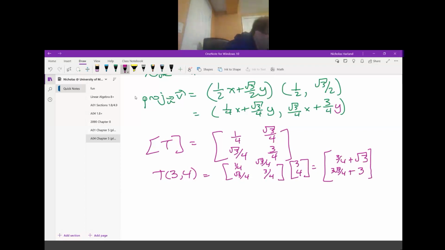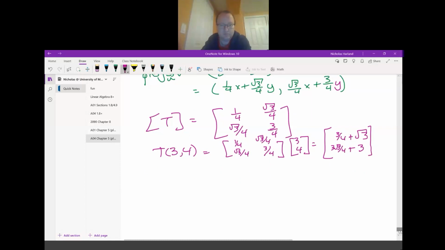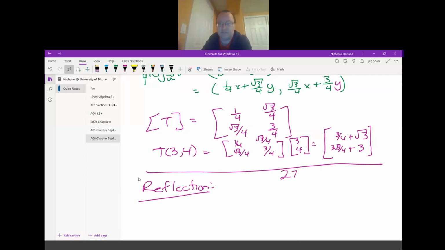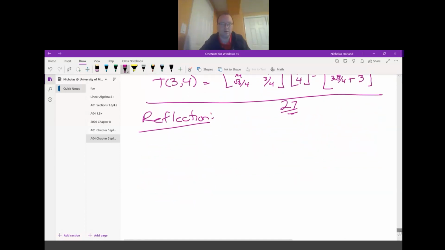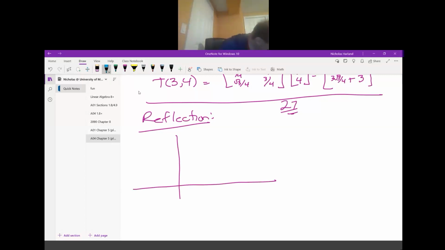So in reality, for a reflection, a lot of the same ideas work. So this is number 27, same section. If we're dealing with a reflection, the ideas are still the same, still 60 degrees.